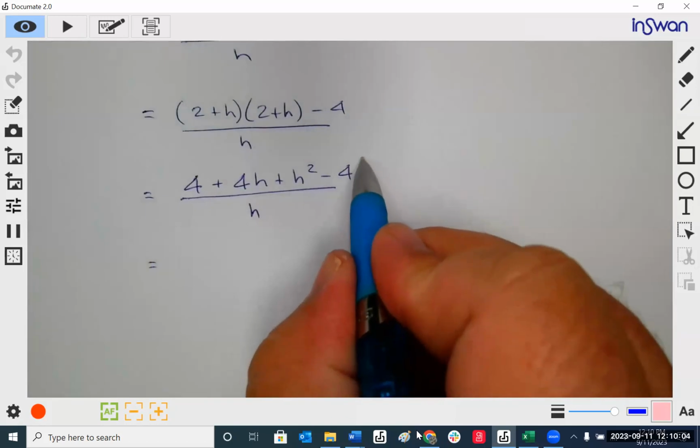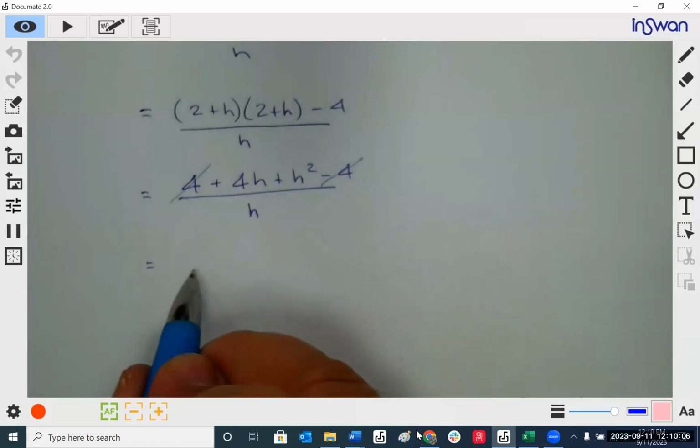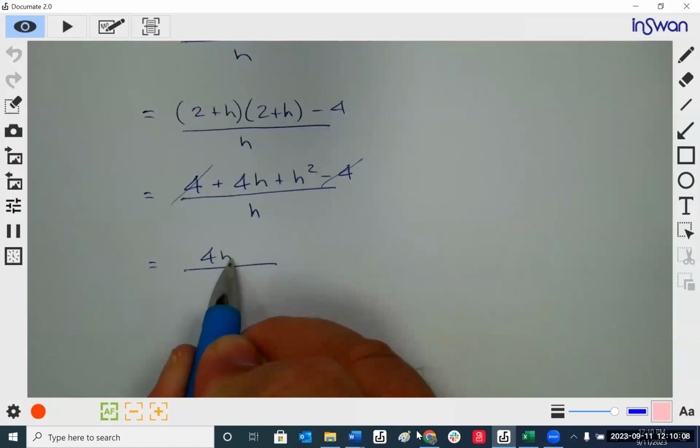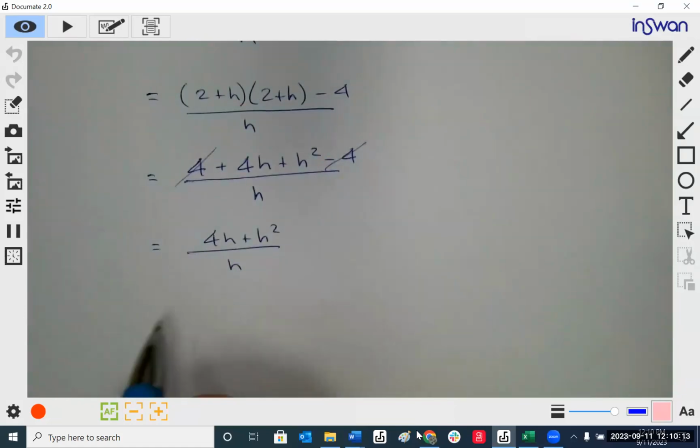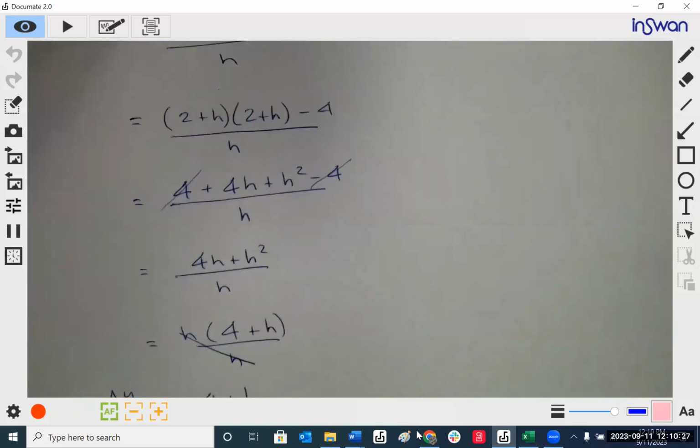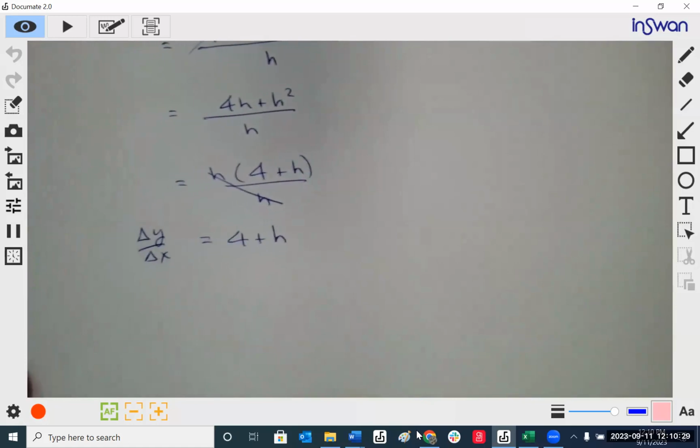What always has to be true? Anything after the minus has to cancel. That's our delta y over delta x.